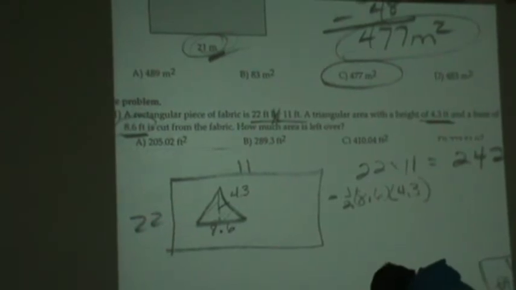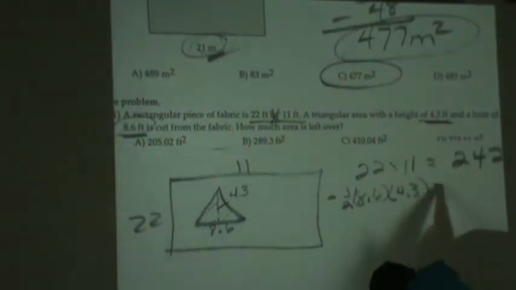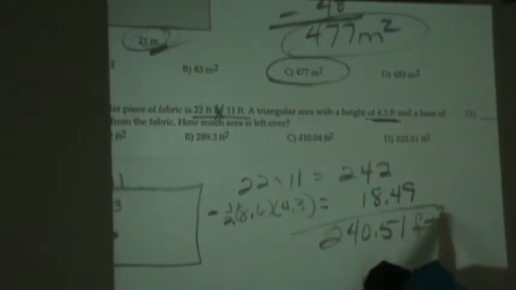So we have 8.6 times 4.3 divided by 2, or however you want to multiply it. I got 18.49. So 242 minus 18.49, 240.51. And what is our units? Square feet.